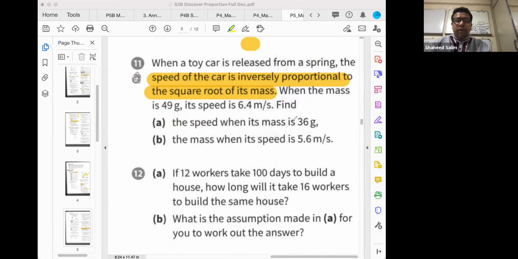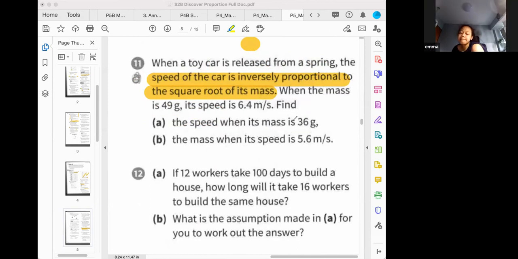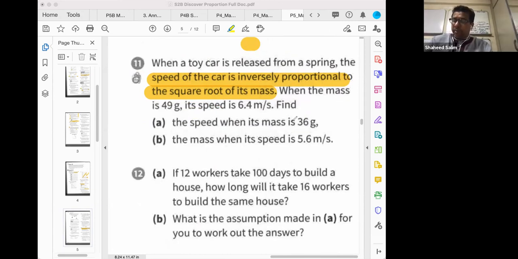This one we have done before, right? Question number 12. Like question number 12.